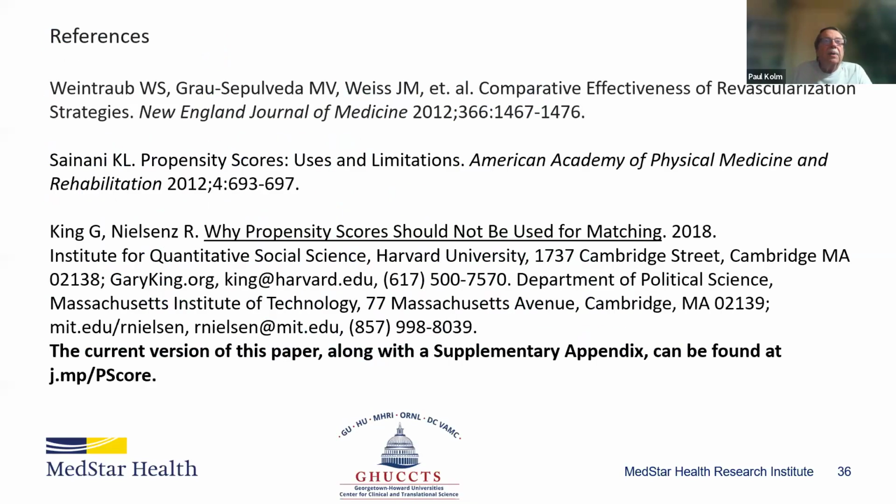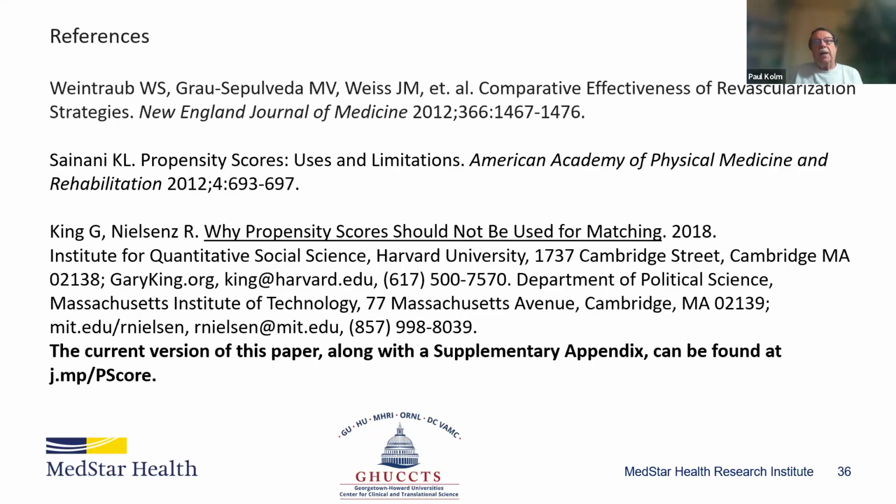So I have some references here. A study that appeared in the New England Journal, another study about how you use and the limits of propensity scores. And of course, there are always those who really don't think propensity score matching is very useful, so there's an article there about why propensity scores should not be used for matching.